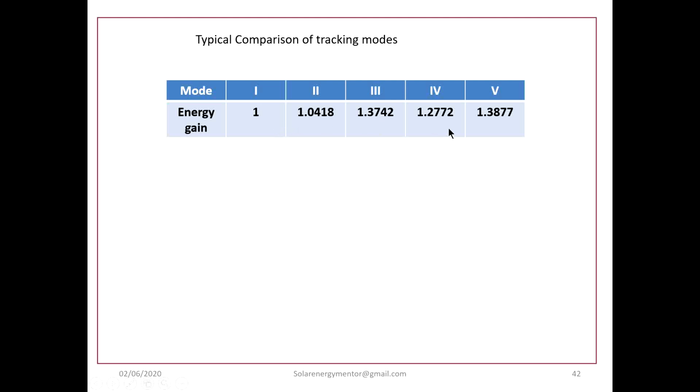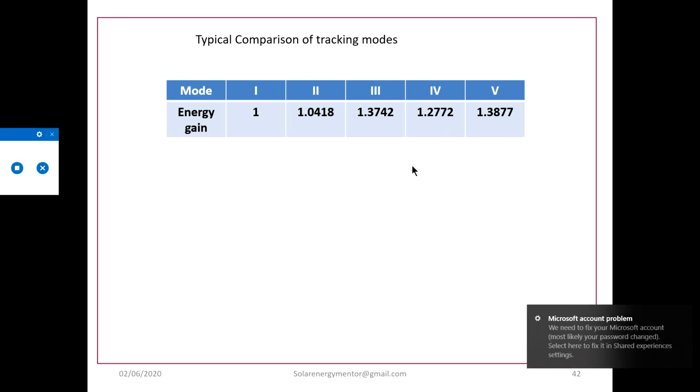And then in mode 4, as compared to mode 3, there is a decrease, because on some days of the year the incidence angle at latitude is less. So the energy gain in mode 3 is much better as compared to the other modes.